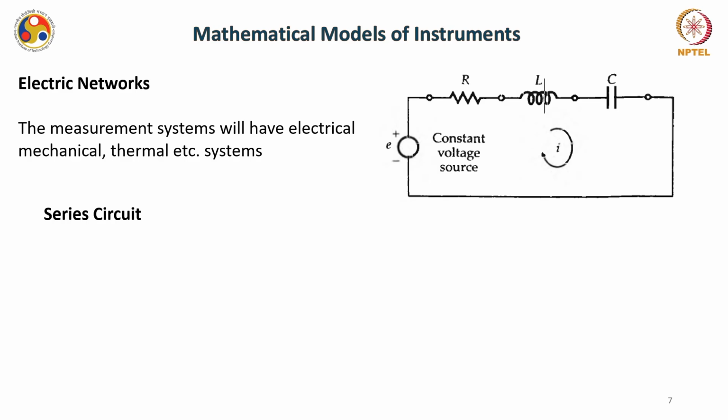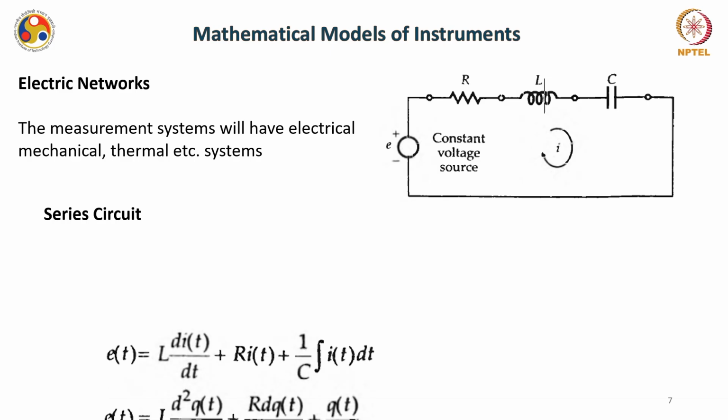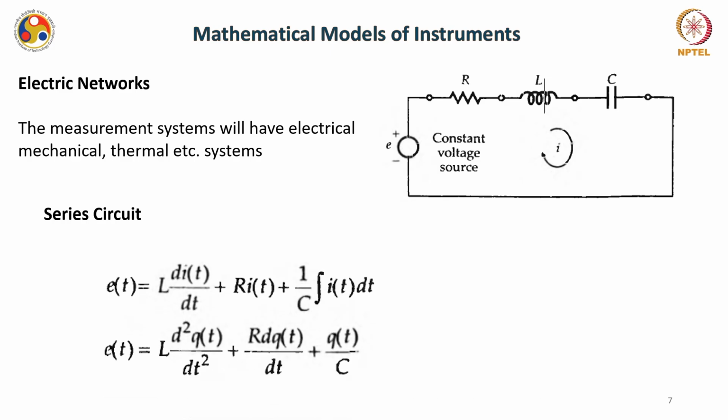Say consider that your measurement system is utilizing a series RLC circuit, okay. So the measurement system will have an electrical network in the form of R, L and C all in series, okay. In that case, you can develop a mathematical equation something like this, okay.